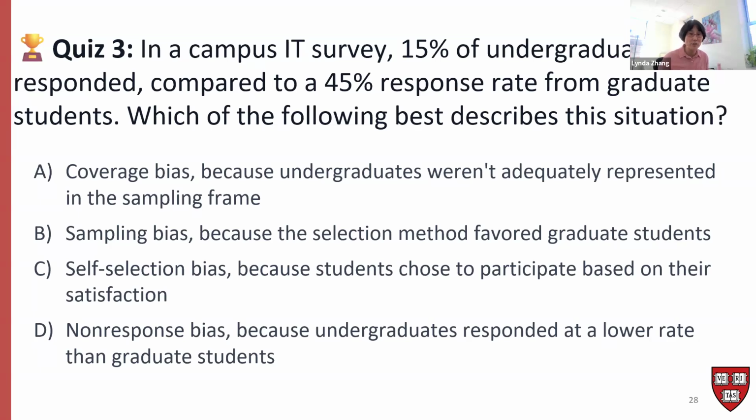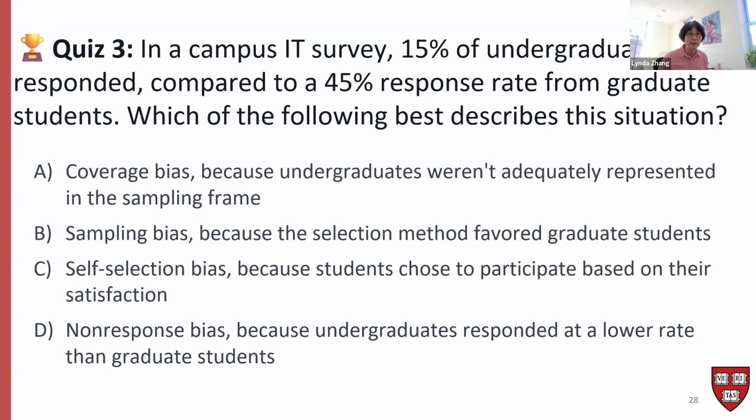It didn't mention that, so it is actually not an issue of coverage. Supposedly everyone is included. Sampling bias, the choice B, because the selection method favored graduate students, we did not mention that either. And C, self-selection bias, because students chose to participate based on their satisfaction.